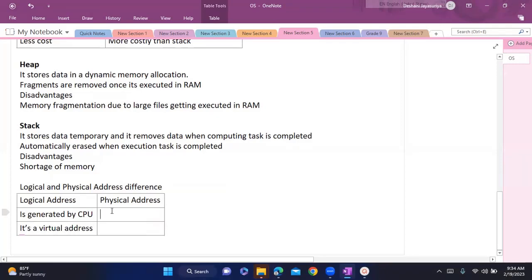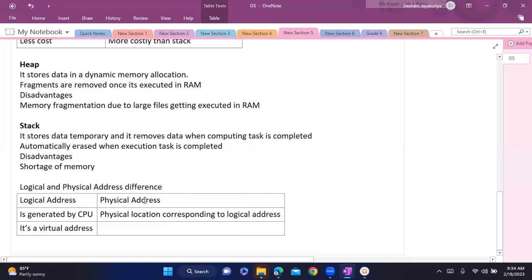And when it comes to physical address, it is a physical location corresponding to the logical address. Right? So that's how we can get the idea, right?